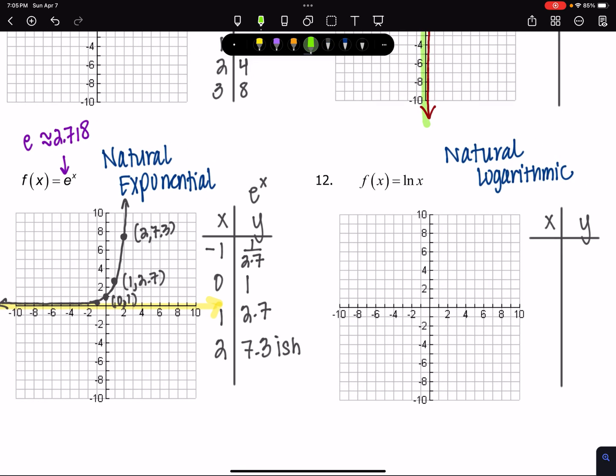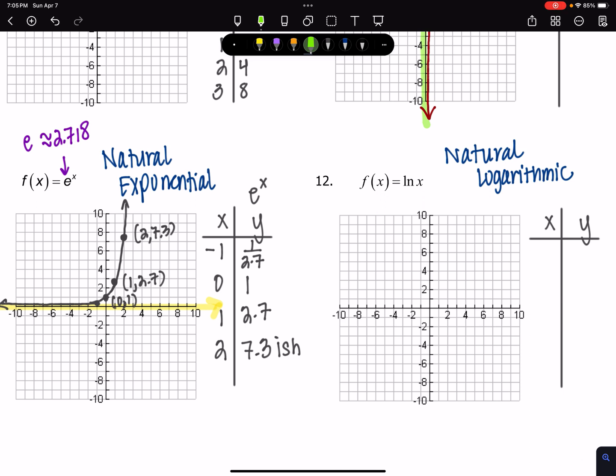Now on the natural log function, number 11 and 12 are inverses of one another. So the logarithm is going to have a vertical asymptote at x equals 0. And my ordered pairs, instead of 0, 1, we'll have 1, 0. Instead of 1, 2.7, we'll have 2.7, 1.